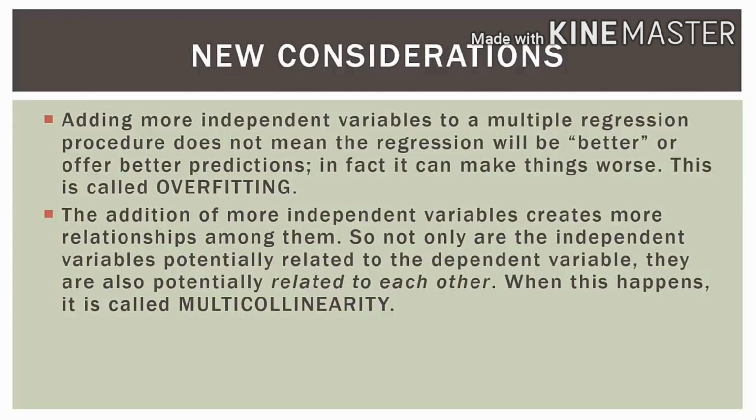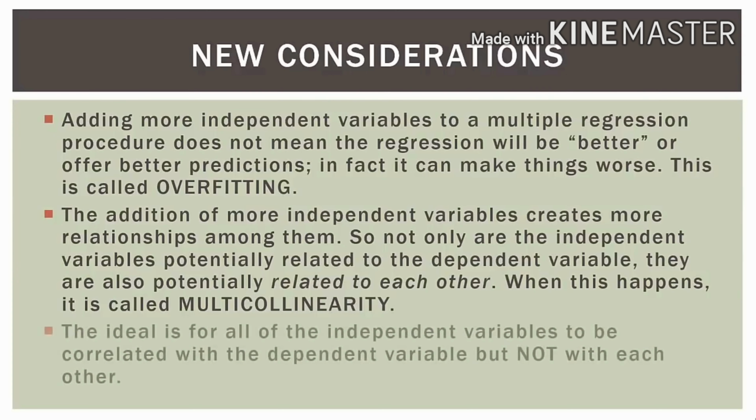It's called multicollinearity when the independent variables are correlated with each other. The ideal, the perfect world, is for all of the independent variables to be correlated with the dependent variable, but not with each other. We'll talk about overfitting and multicollinearity more as we go forward. Just keep in mind that the ideal is for the independent variables to be correlated with the dependent variable, but not with each other.